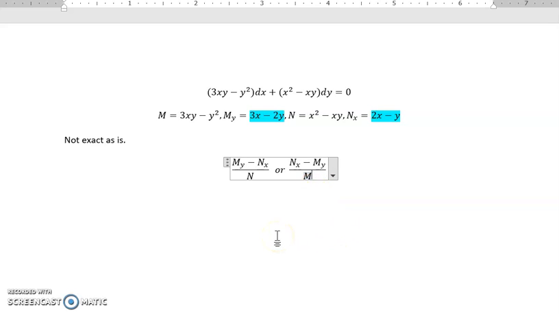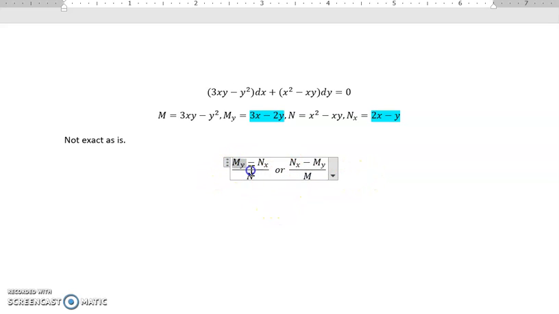Now, if either of these two expressions turn out to be a function of a single variable, then we can proceed to find the integrating factor very similarly to the way that we found the integrating factor in linear equations, using the result of this expression.